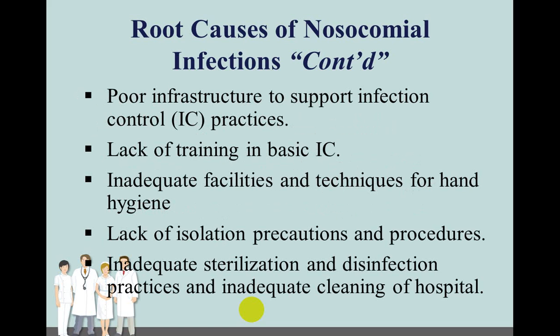Poor infrastructure to support infection control practices may help spread infection in hospitals. Lack of training in basic infection control, inadequate facilities and techniques for hand hygiene, lack of isolation precautions and procedures, inadequate sterilization and disinfection practices, and inadequate cleaning of hospitals.